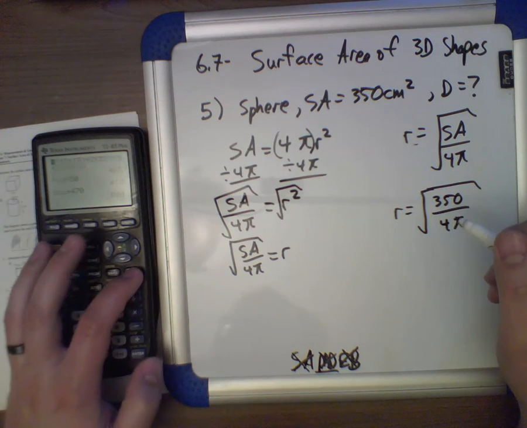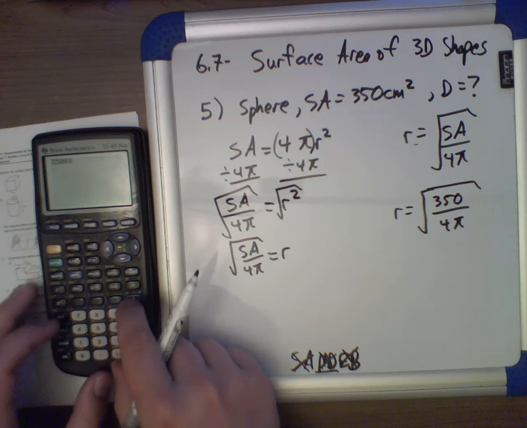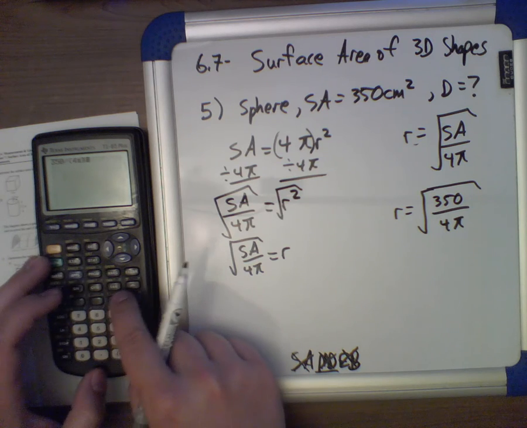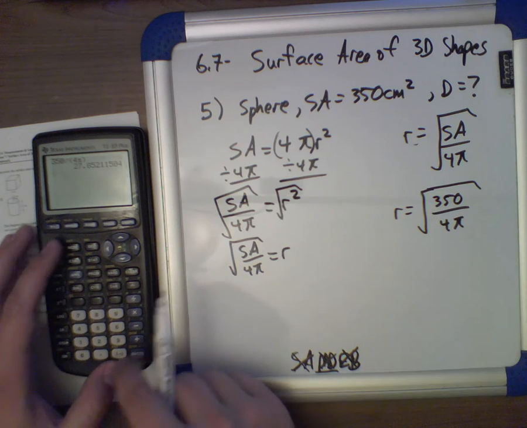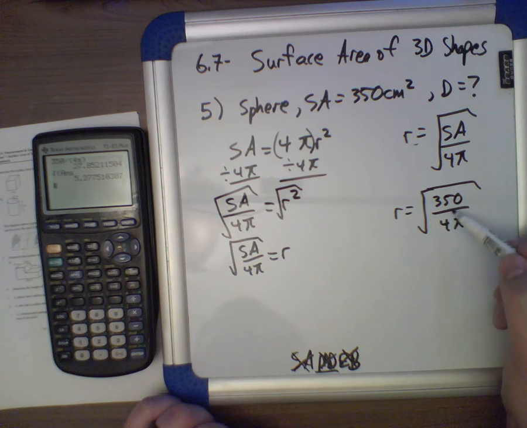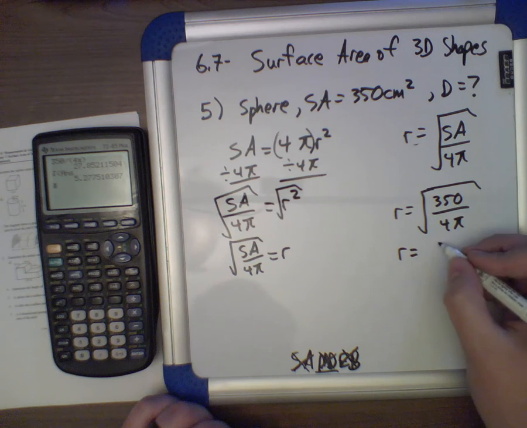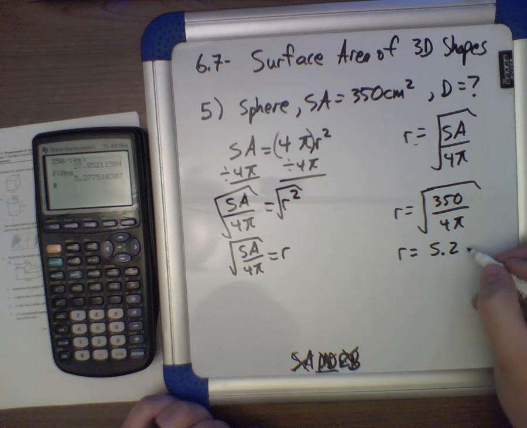As always, you can do this in one step, but if you're getting confused or the answer's not working, you can do it one piece at a time. So I'm going to do 350 divided by bracket 4 pi, and then find the square root of that answer. This was like the square root of 27.85. Finding the square root tells me that r is equal to 5.277.